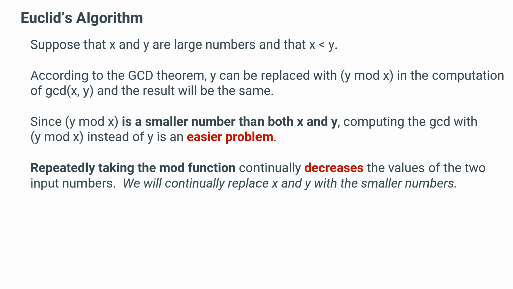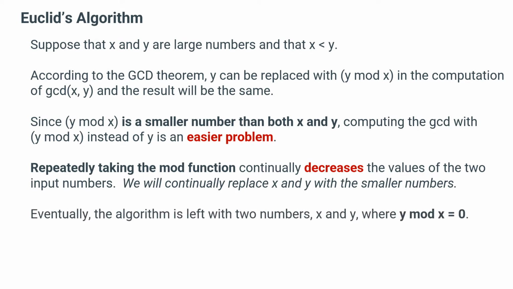So this is what we do. We repeatedly take the mod function and we continually decrease the values of those two input numbers, and we'll continually replace x and y with smaller numbers. Eventually, the algorithm is left with two numbers, x and y, where y mod x is equal to 0.